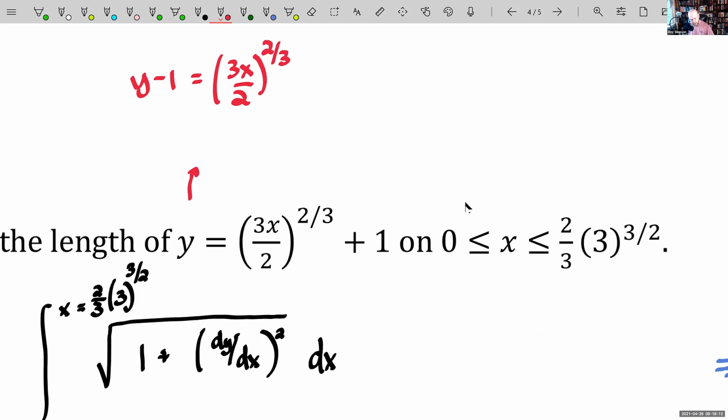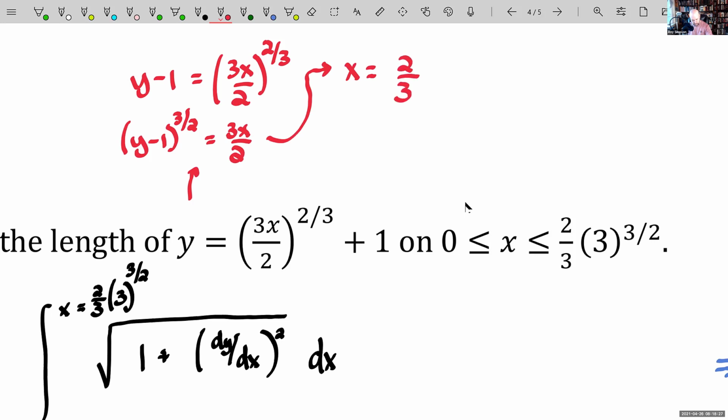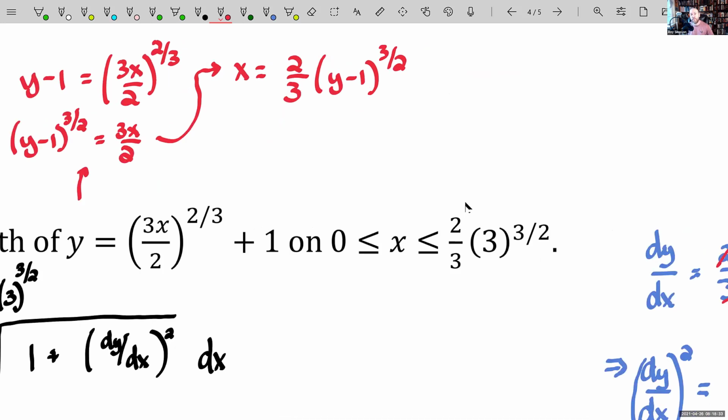Raise both sides to 3/2. Multiply by 2 and divide by 3. So that would be our function x in terms of y.